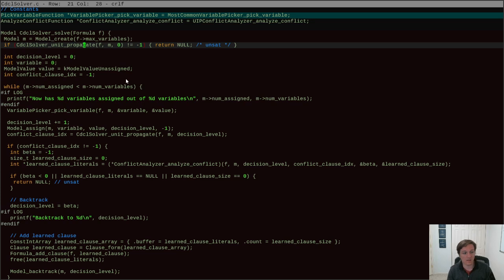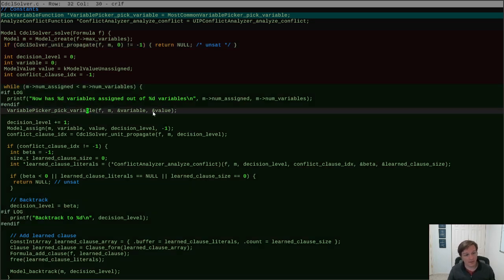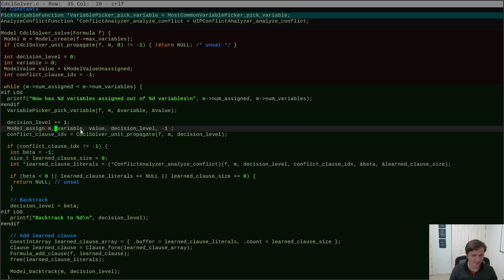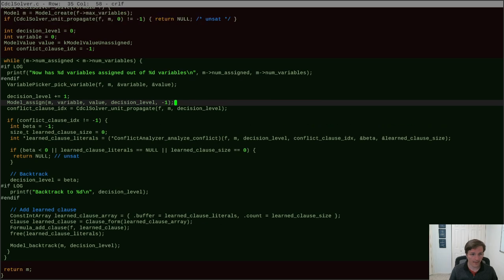If it's still not determined that this is impossible because we have a conflict clause, we make progress by picking a variable and a value and saying, let's see what happens when we fix the state of this variable. So then it assigns that variable inside the model, and it tells it the decision level of that assignment from right here.